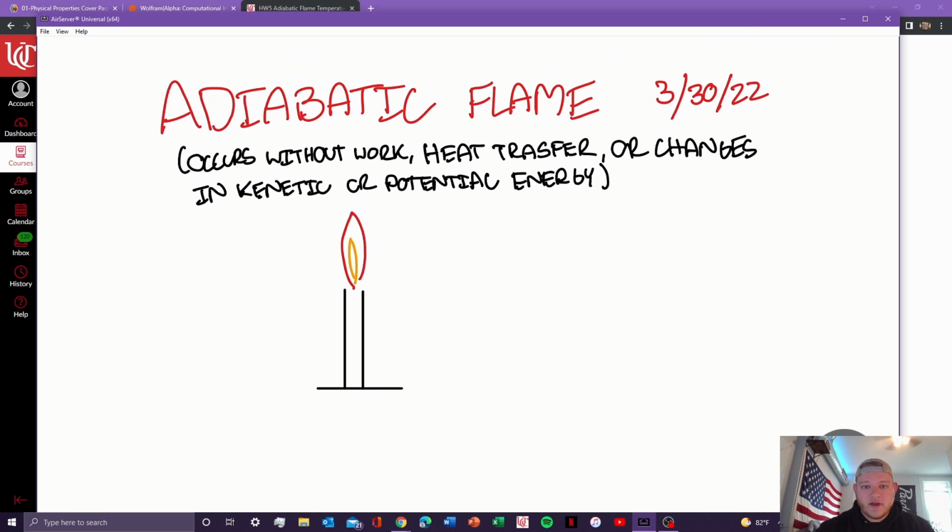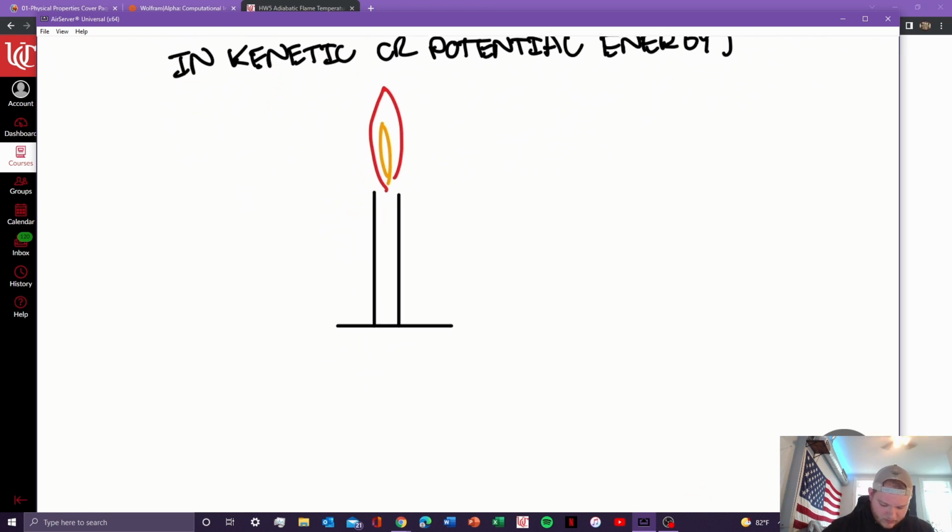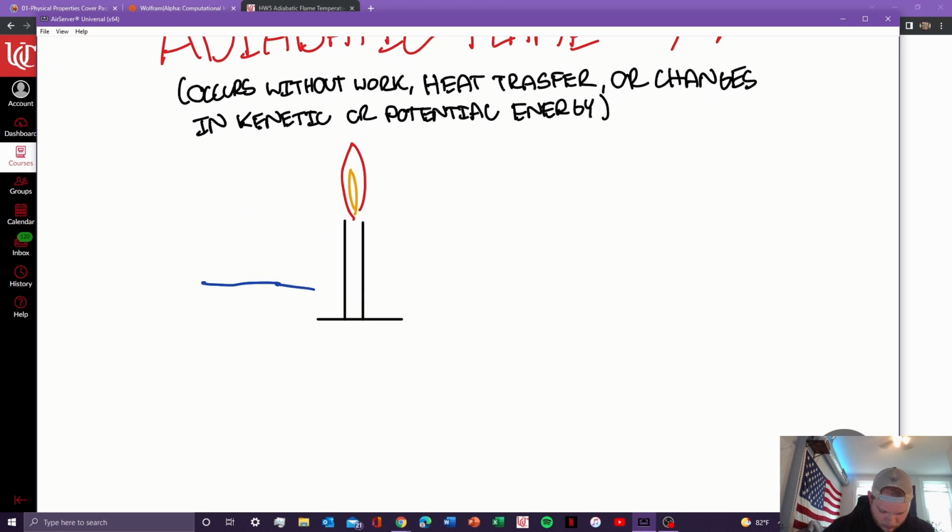Now in order to have a flame, an adiabatic flame, you have to have fuel. So the fuel of a Bunsen burner is usually natural gas, which is comprised of about 95% methane, 4% ethane, and 1% propane.